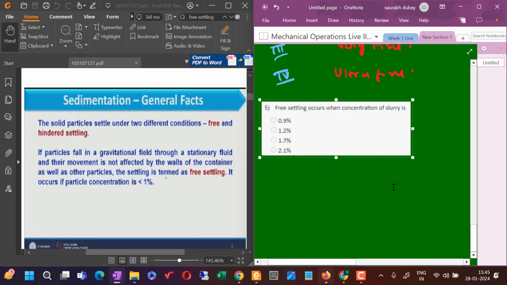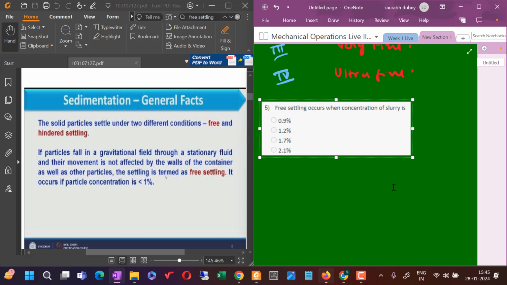Solid particles settle under two different conditions: free settling and hindered settling. Free settling is when the concentration of solid particles in the slurry is very low. Then, when these particles are settling from the top, they will not feel the influence of the other particles around them.